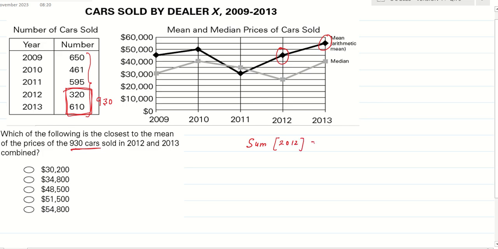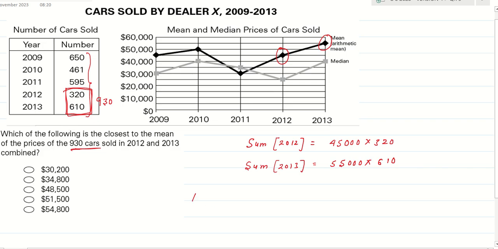How much will you get? 45,000 into 320. Right? Wow, how much summation in this one? Next one, 2013, I'll get sum of the price all together. 55,000 into the how many cars sold? 610. Correct? Now I have summation 1.